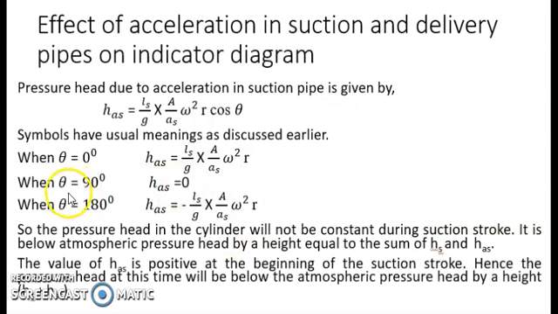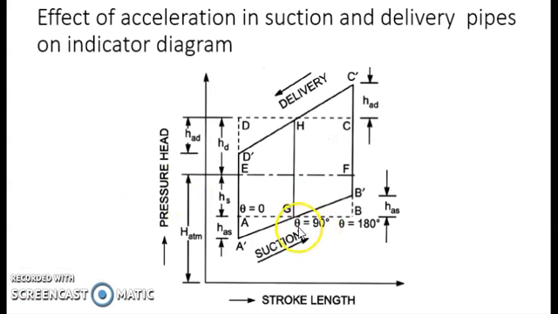We can also see that when theta is equal to 90 degree, h_as is equal to 0. So when theta is equal to 90 degree, the pressure head in the cylinder will be below atmospheric pressure head by a height equal to h_s plus 0. So in this condition, it will be below atmospheric pressure head by a height equal to h_s.